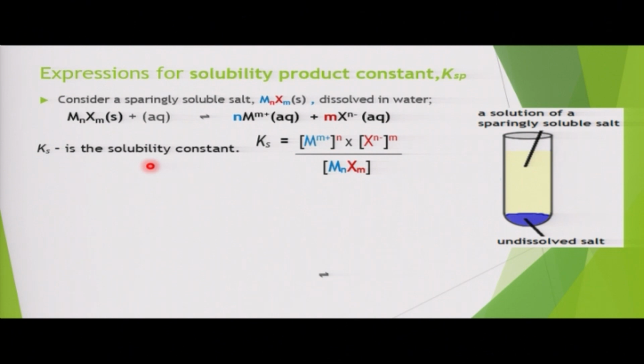And from those principles, we can get the solubility constant by looking at the concentration of the ions raised to their stoichiometric ratios. Look at M raised to N. N is the ratio when it ionizes, and M is the mole ratio when it ionizes, over the concentration of the reactant.